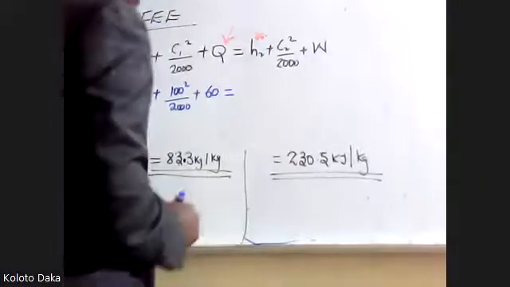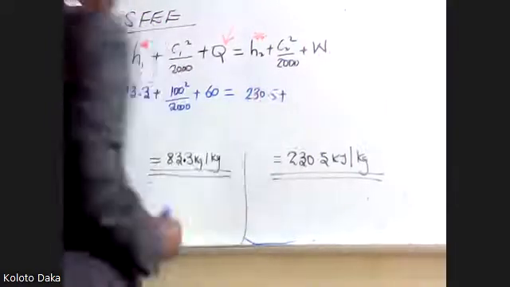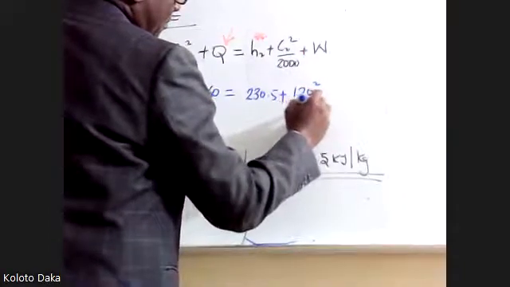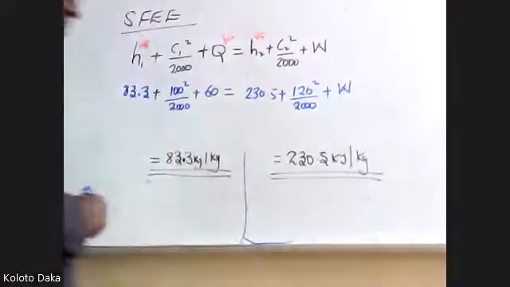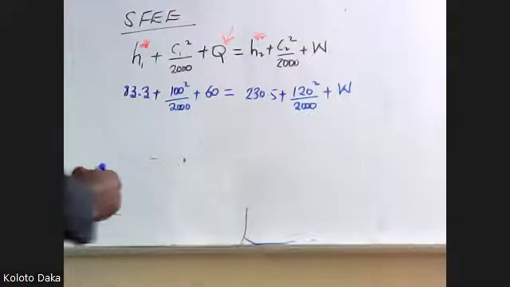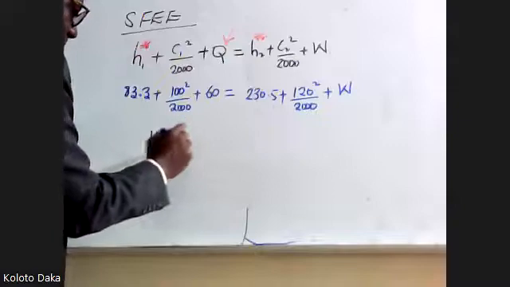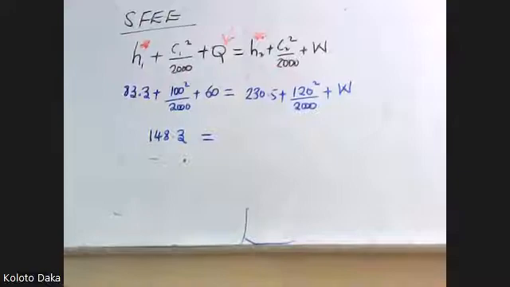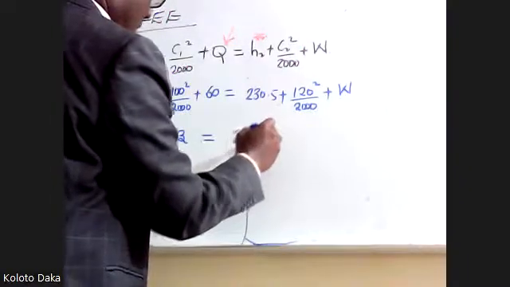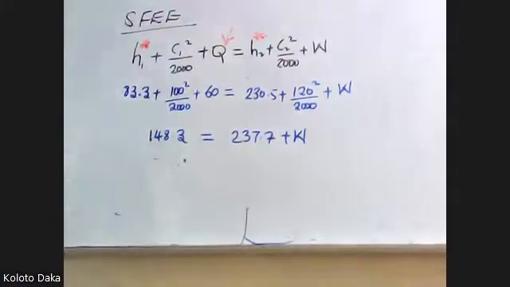Okay, we come to H2: 230.5 plus velocity at exit, 120 squared, over 2000 plus work. On the other side, 237.7. 237.5. Yes.